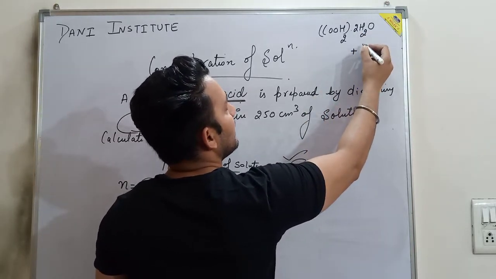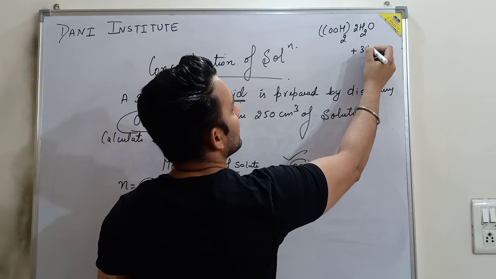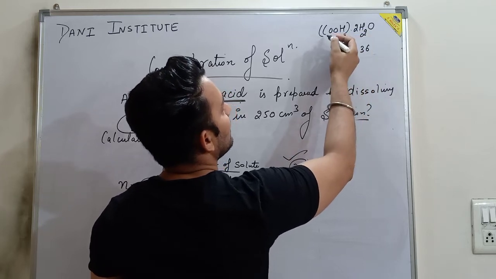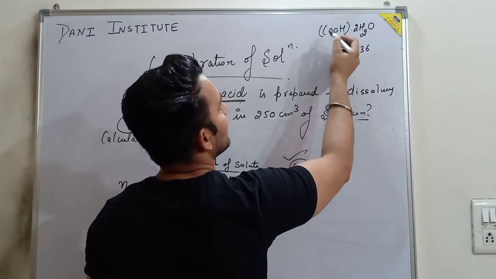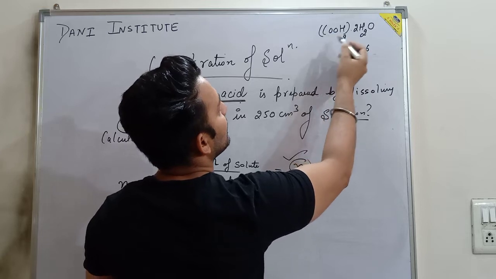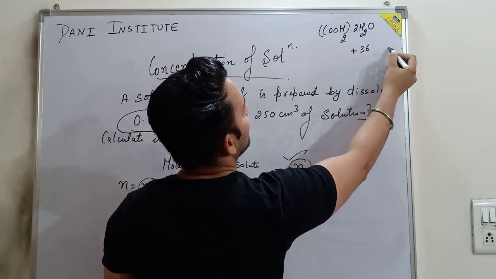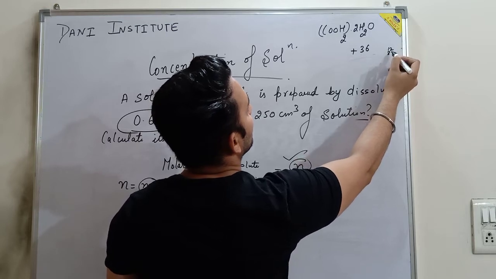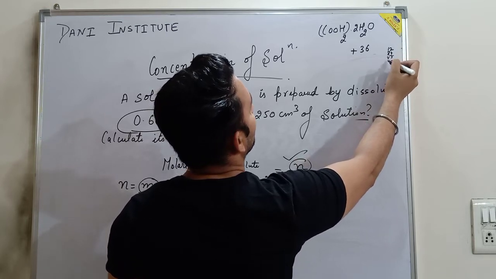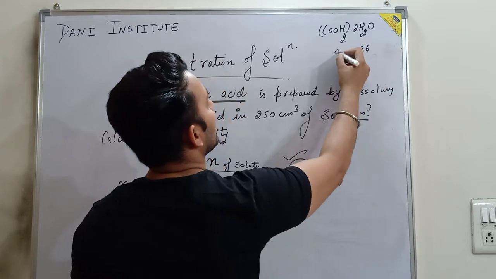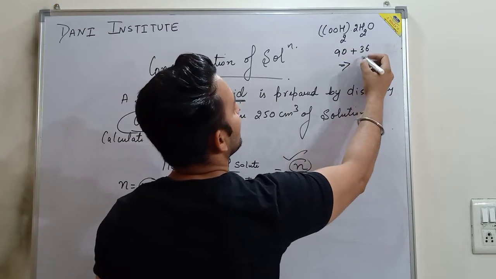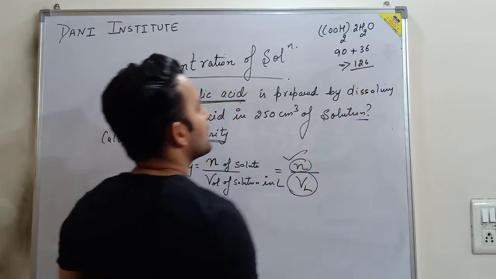Here we have 18, 36. Then we have 12, 12, 16. Then 12, 16, 16, 32. Then 1. Then 32. Then 12. 5. Then 45. 45 to 90. Your answer will be 126.